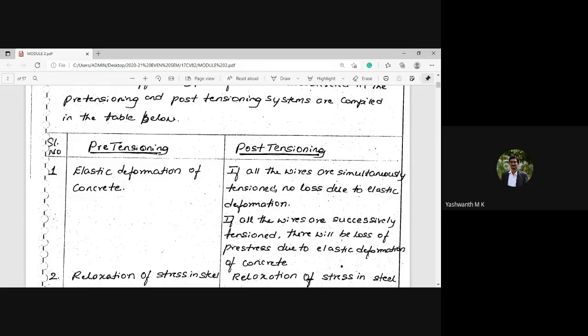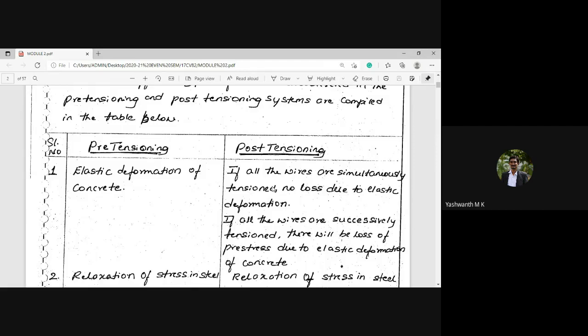But if two, three or four cables have been put inside the concrete beam and I want to tension them, then the concept will differ. This elastic deformation loss will differ.